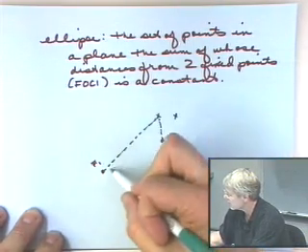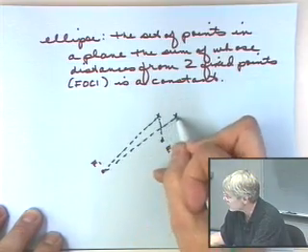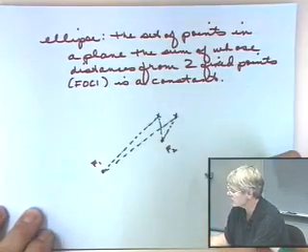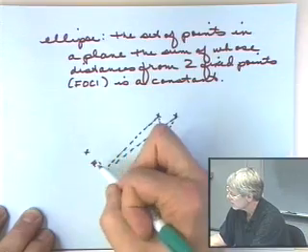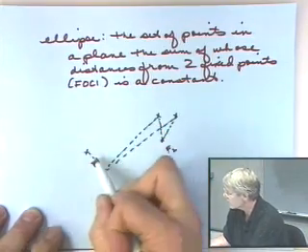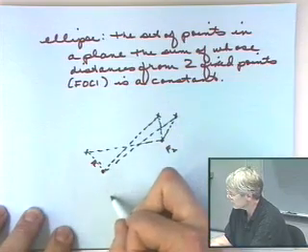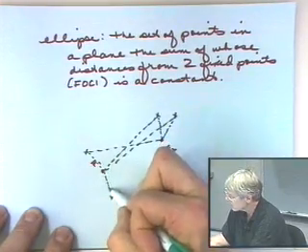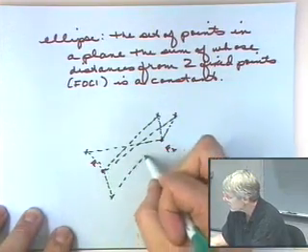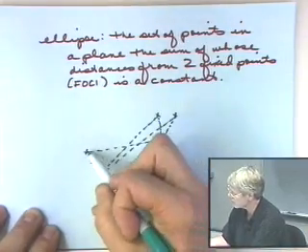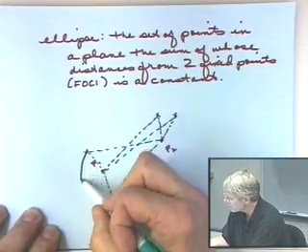maybe this distance plus that distance is 7. Maybe this distance plus that distance is 7. This distance plus that distance is 7. And we generate all these points.